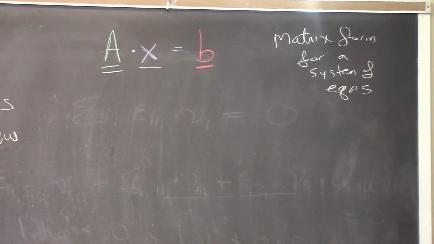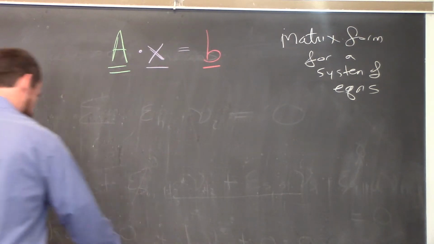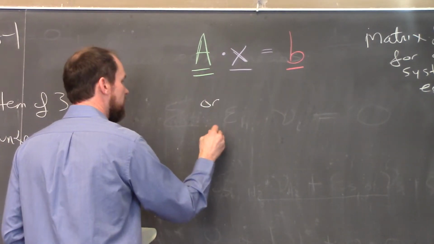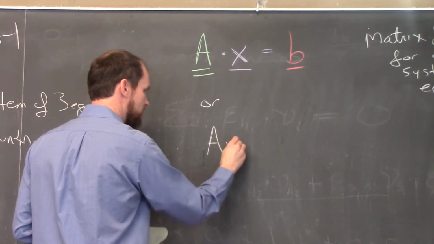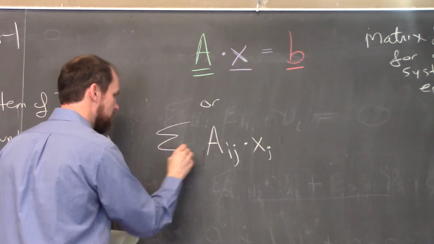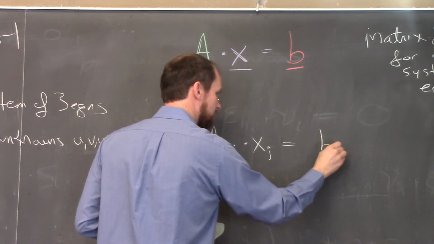Here the double underline is a matrix, one that has a 2 by 2 dimension. The single underline is a vector. I can also write this as the sum over j of A_ij times x_j equals b_i.